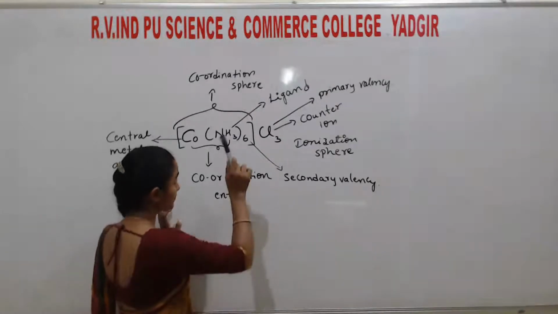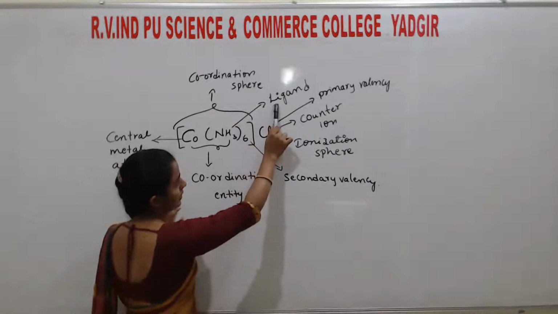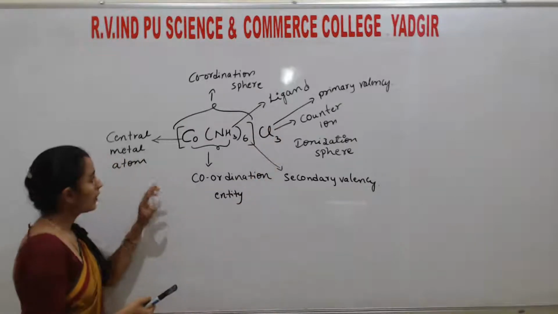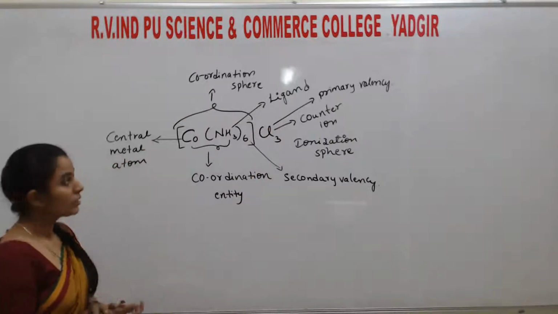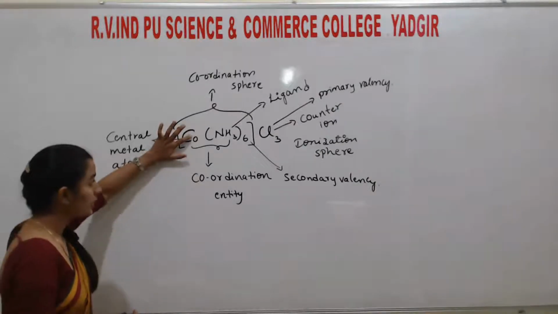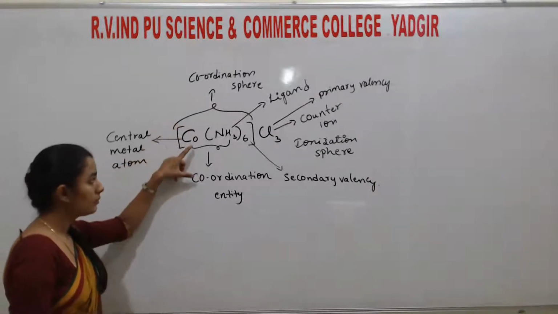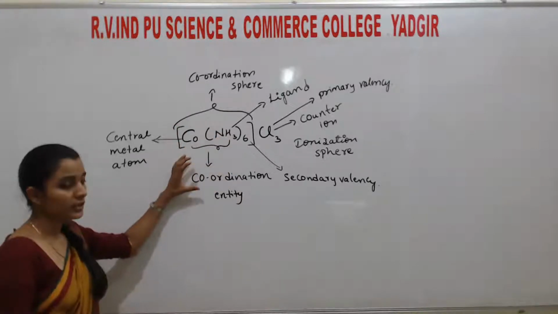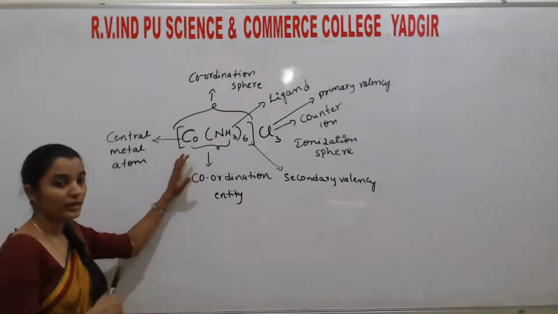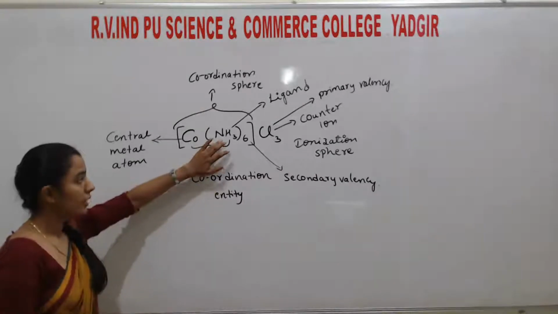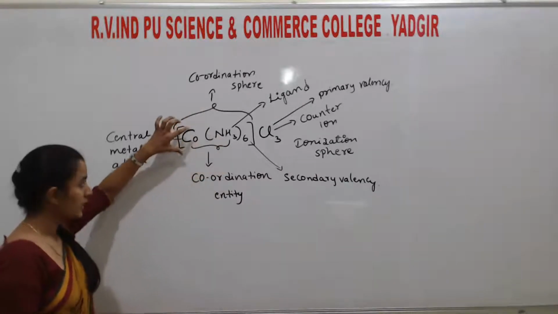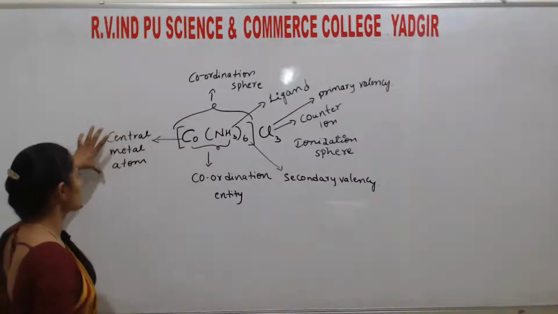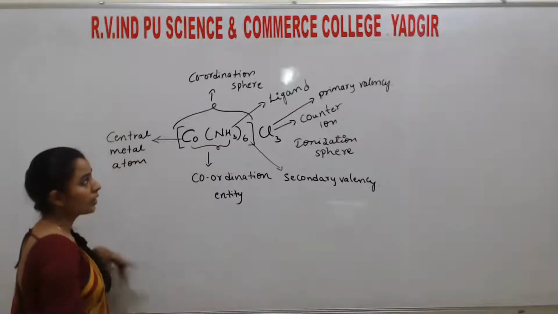So next, another one is ligand. So what is ligand and what is central metal atom? I told you the central metal atom is the atom to which the ligands are bonded in a coordination entity. Where the ligands are bonded to a certain atom, that atom is called the central metal atom. Then what are ligands?